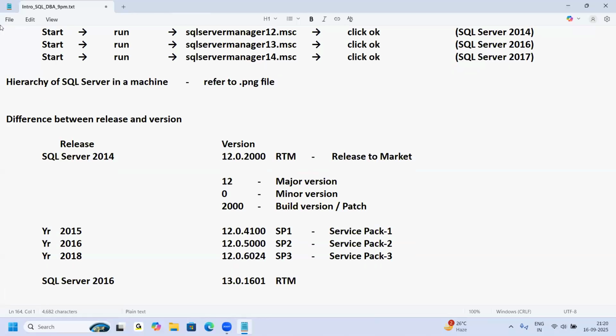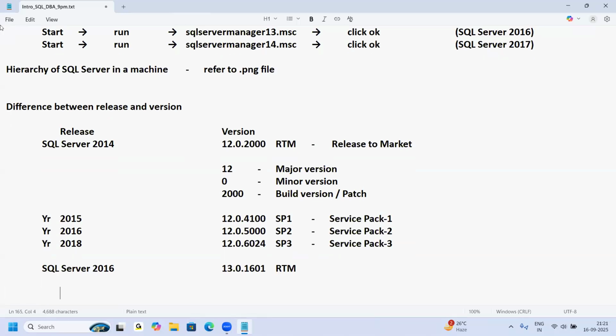And in this also, in the same year, 2016 only, they have come up with 13.0.4001, that is SP1, Service Pack 1.